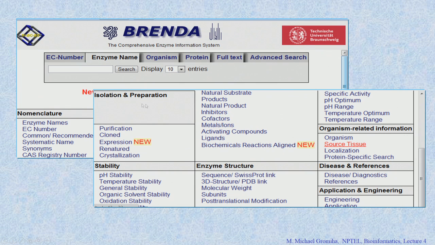Then it contains data on isolation and preparation, how the enzymes are prepared, and the stability, the structures and the different diseases. They also give information regarding applications and engineering, that is, where an enzyme is applied, because several enzymes are applied in industries, right. All this information is given in the BRENDA database. This is the website, brenda-enzymes.org, so you can get the information from this website, fine.